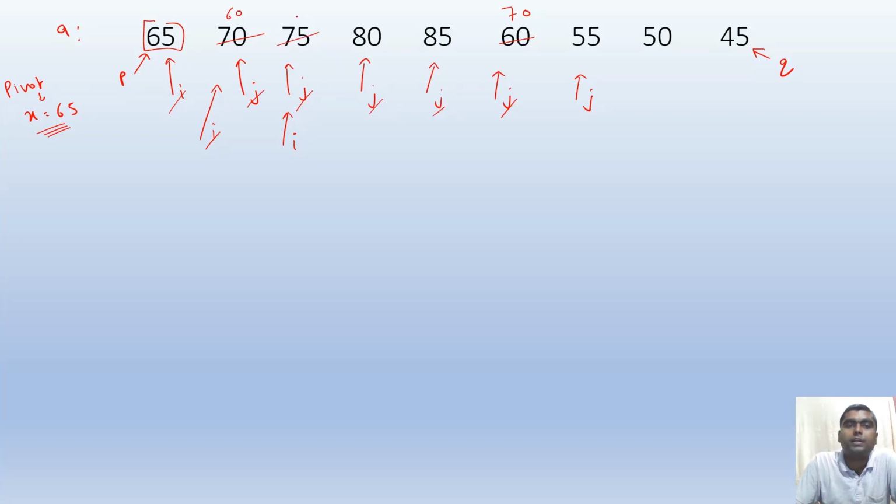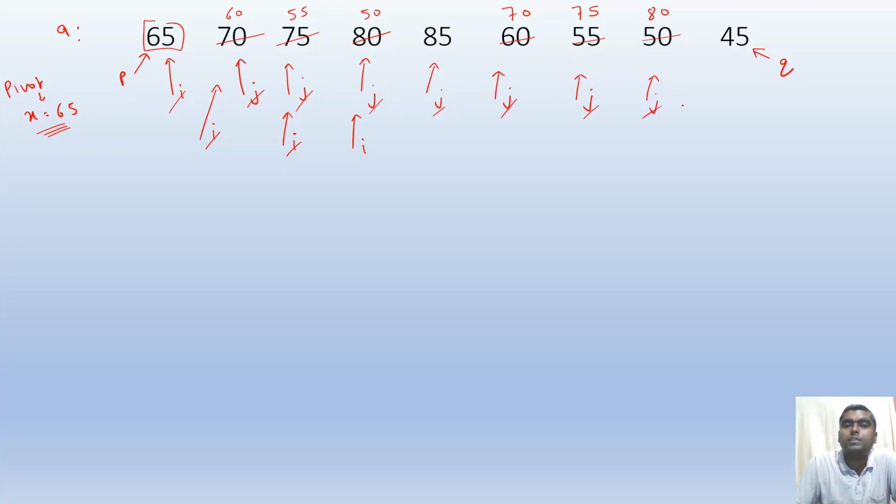So here 55 will come and this place will be replaced with 75. Fine, so j is further increased, the loop is going on. A of j is 50, less than the pivot element, so again i will be increased here and A of i and A of j interchanged. So at this place 50 will come, and this place will be replaced with 80.